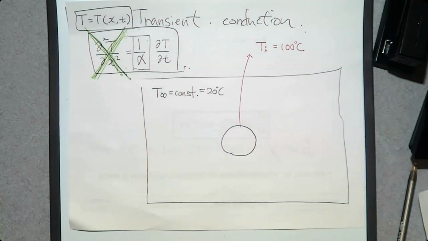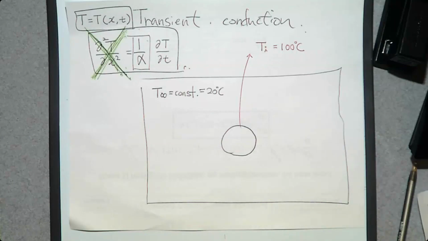Because of that, the temperature of the solid is going to decrease from 100 down to 80, 60, 40, and eventually, a long time later, the temperature of the solid is going to be 20 degrees Celsius, the same as the surrounding fluid. That's when we say they are in thermal equilibrium. Then our question is how fast this temperature is going to change.